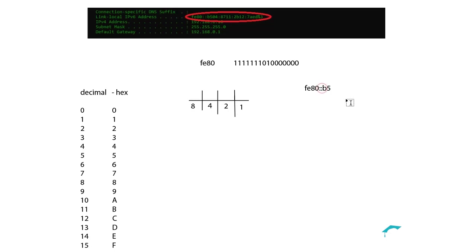But when we have two colons like this, it means that from this point on to the next point right here, it should just be filled with zeros. And that is done so that we do not have such long addresses, and we can utilize this feature to remove all the zeros from the address. But our computer will know that there should be the remaining values up to 128 bits, and when looking at this length, it should just be filled with zeros. So this was IPv4 and IPv6.